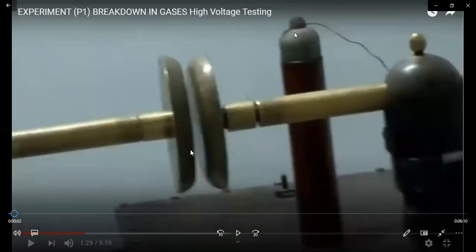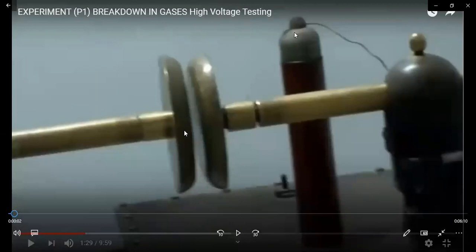First they have taken one gap and found the breakdown of that gas, and in this experiment the gaseous particles are air. As there is no other material, there will definitely be gas particles between these electrodes, the air particles, sorry.